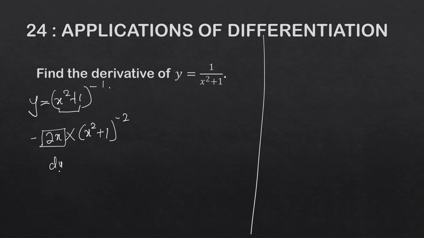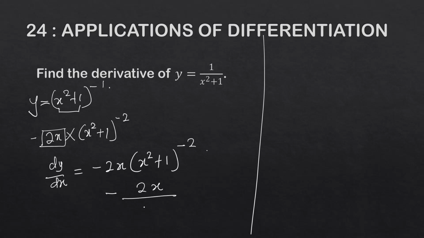So dy/dx is going to be equal to minus 2x bracket x squared plus 1 all raised to power minus 2. Therefore, everything is going to be minus 2x all divided by x squared plus 1 all raised to power 2. This is going to be my dy/dx.